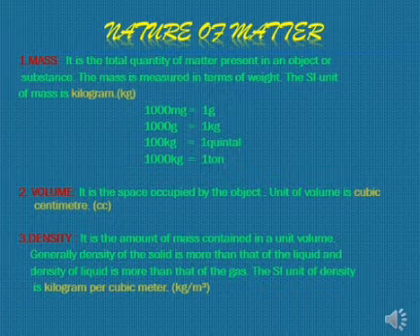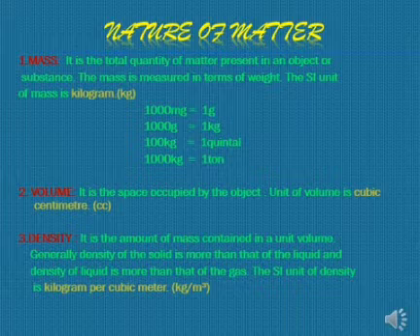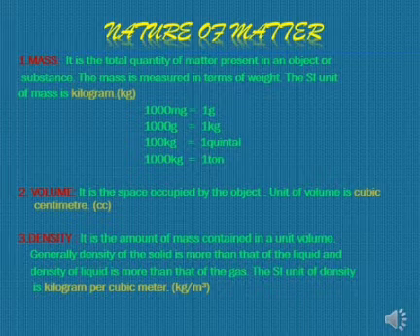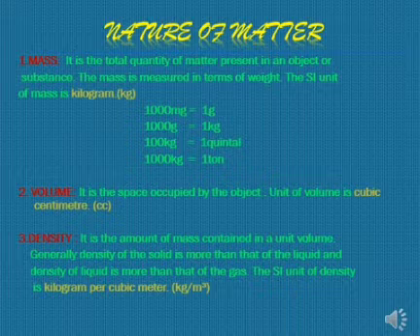Yes, cotton is lighter compared to iron. 1 kg of cotton is lighter when compared to 1 kg of iron, because the number of particles present in cotton per unit volume is lesser than the number of particles present in iron. So hence cotton is lighter than iron.